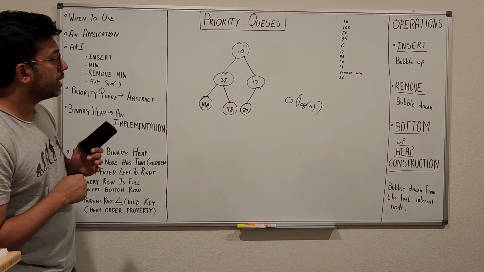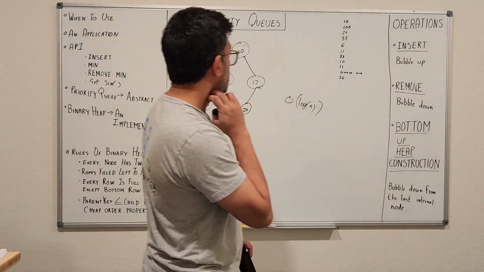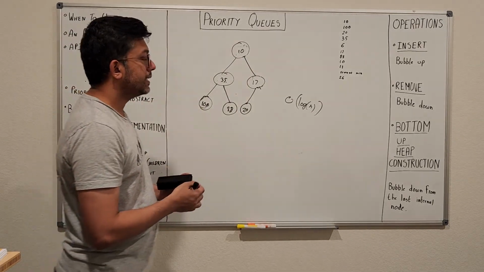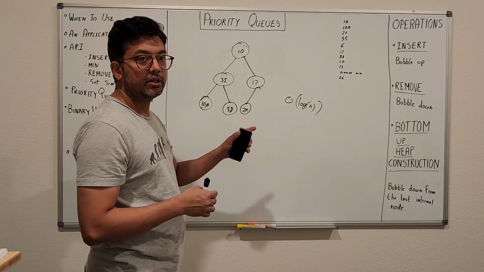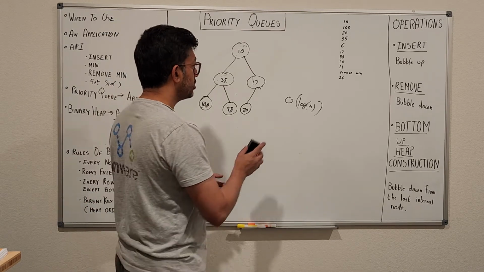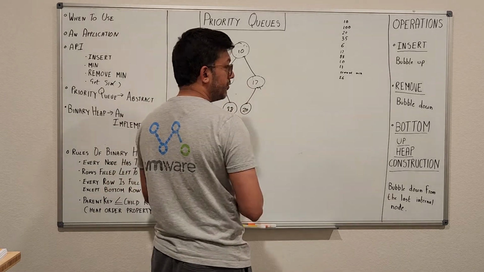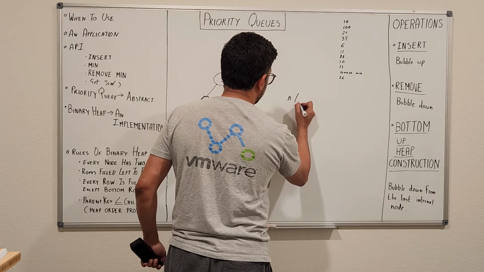So one more thing I wanted to cover is bottom-up heap construction. So what bottom-up heap construction is, if you are adding numbers one by one like we did here, the total complexity is n log n, right? Because for n numbers, every insert is log n. So for n numbers, your total insert time will be n log n.